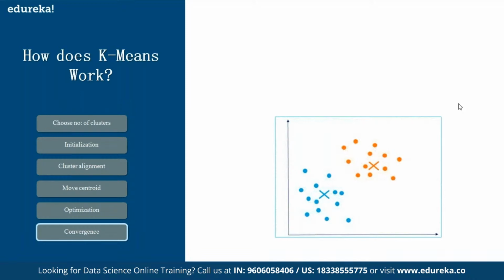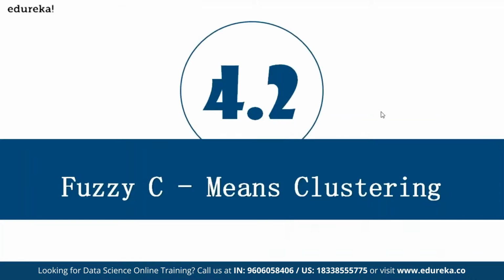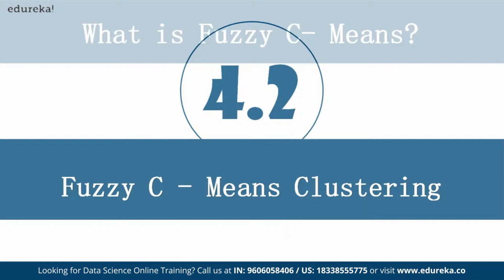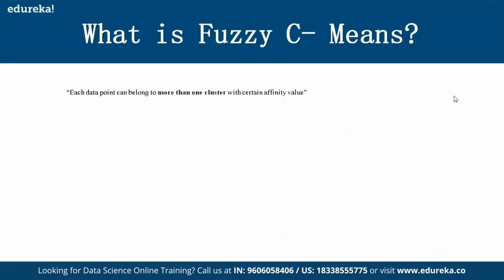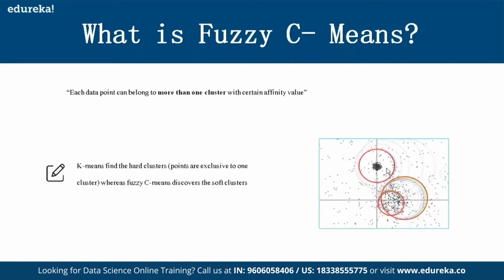We also have different types of clustering technique. The second type is fuzzy or C-means clustering. What is fuzzy or C-means clustering? The output will remain the same, but there are places where one or two observations can belong to one or two different clusters.